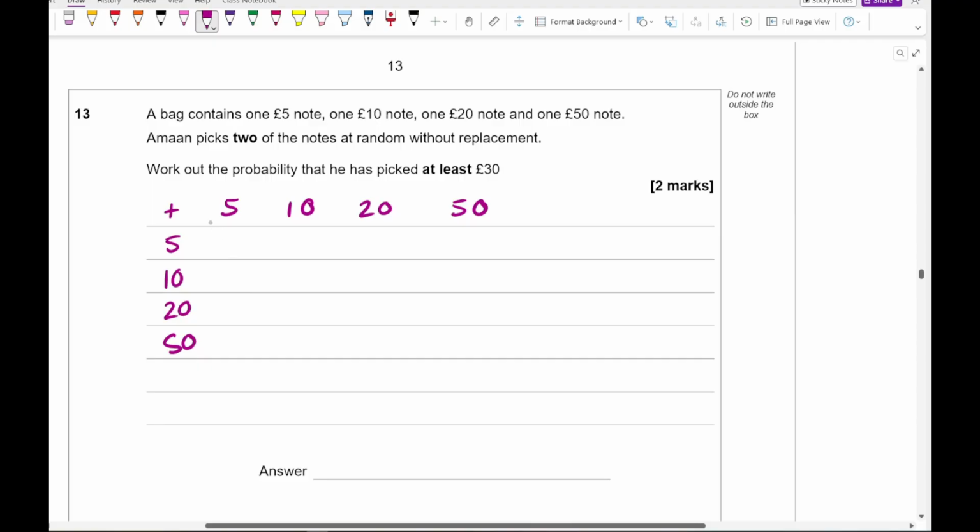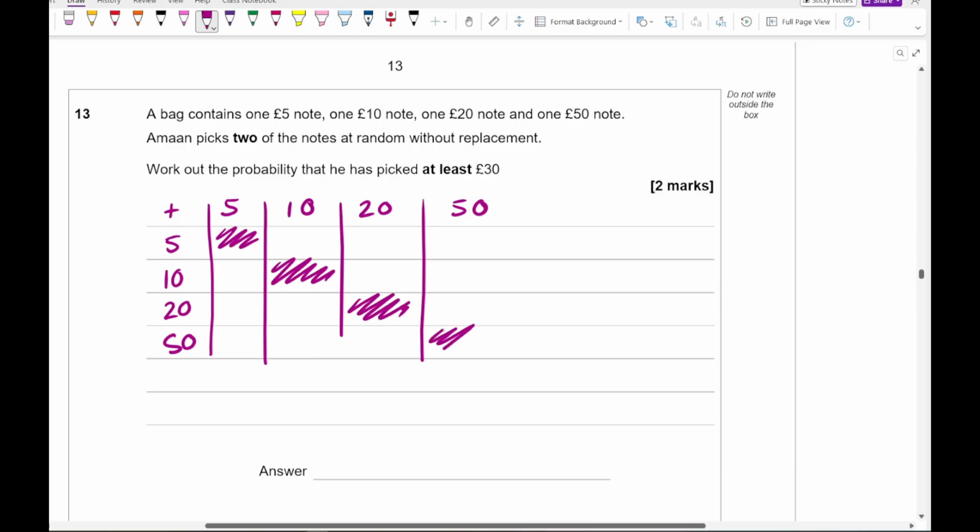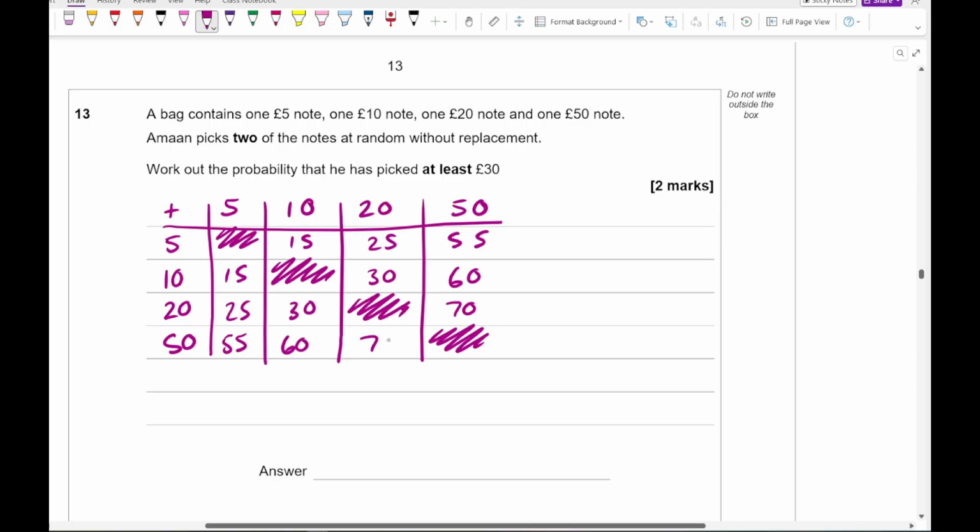Now we can't get the same note twice, so I can blank out these cells here, and then if I add the amounts up, this is going to give me 15, 25, 55, 30, 60 and 70, and then the same again.